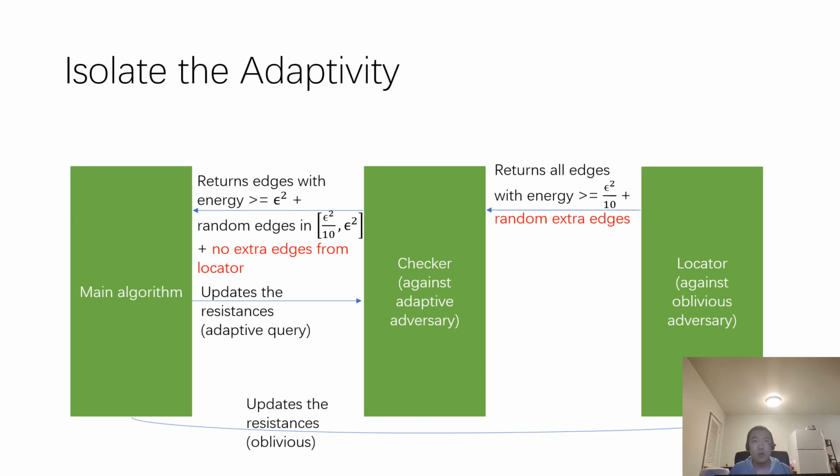As in the picture, when the main algorithm asks for high energy edges, the checker asks the locator first for candidate edges. Then the locator returns a set of edges, and the checker performs a second check on the edges. This way, the random bits used by the locator are hidden from the IPM, and the checker is much easier than the locator, so we only need to handle the adaptivity issue of the checker.